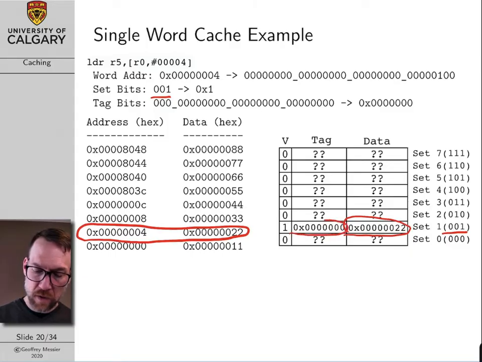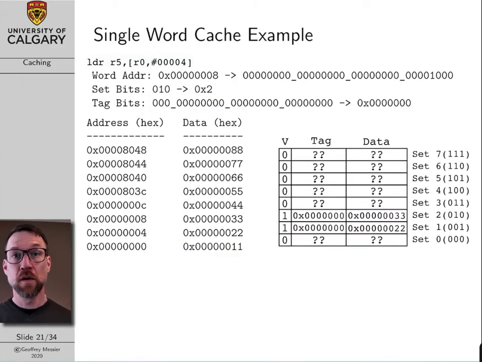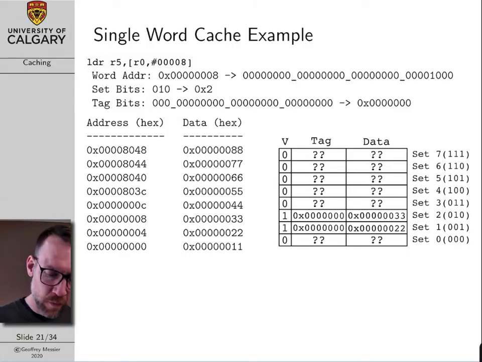Our tag bits are all 0, and we set our valid bit equal to 1 for this entry. This is considered a cache miss. We went to load from the cache, it wasn't there, so we had to copy in the location. In fact, all of the load word commands we're going to go through in this first example are going to be misses.